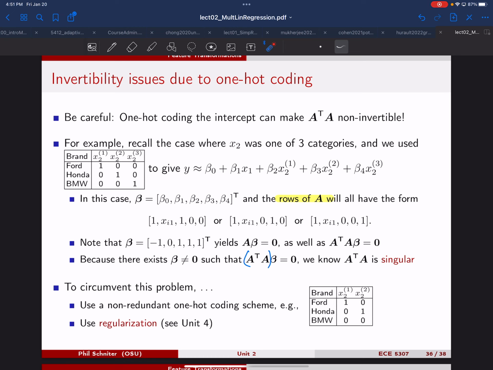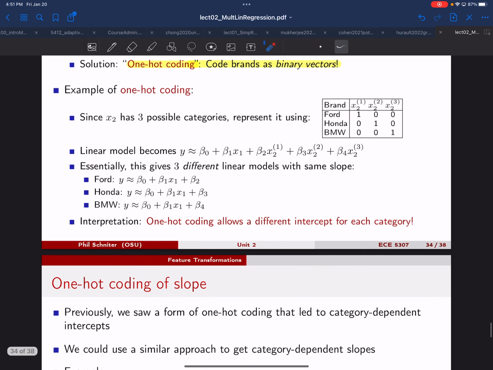Okay, so here we see the problem, but there's a simple solution. The solution is just to omit that last variable and do your coding this way. Essentially, you just get rid of this. And now you have 3 variables for 3 intercept terms, and you don't have that problem anymore.